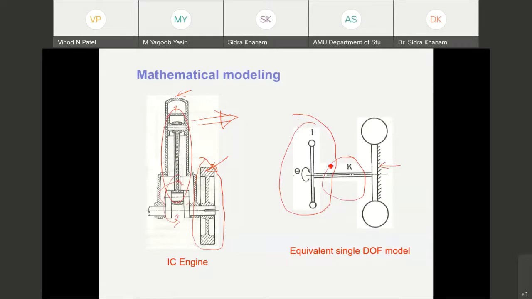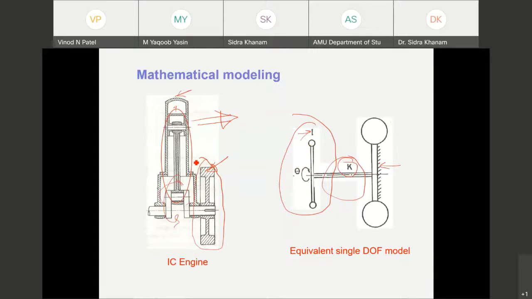So here I have the value of I, theta is one variable, and k is the stiffness. So we can derive I theta double dot plus k theta is equal to 0, because there is no additional force acting over here. Based on the system available, we can derive an equivalent single degree of freedom model here.